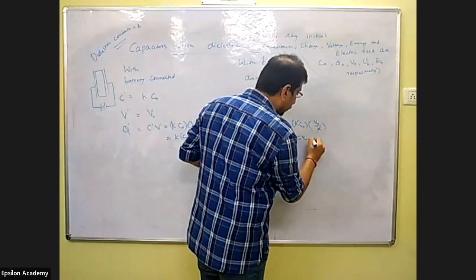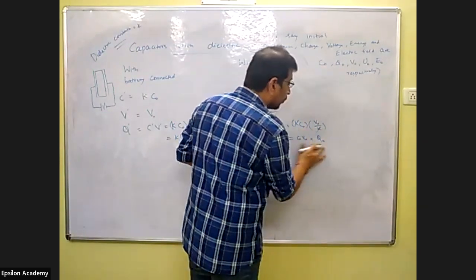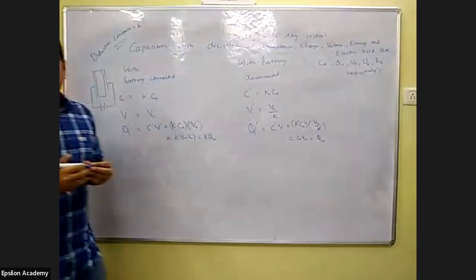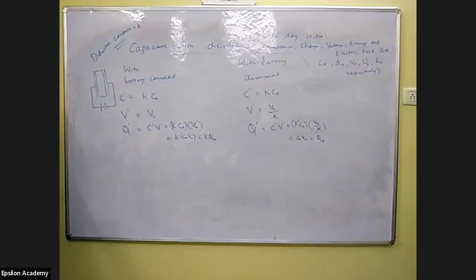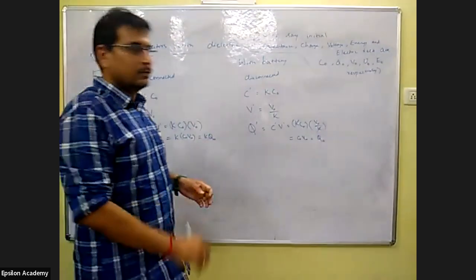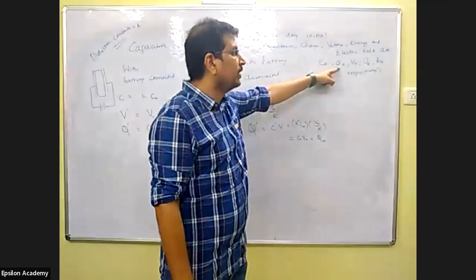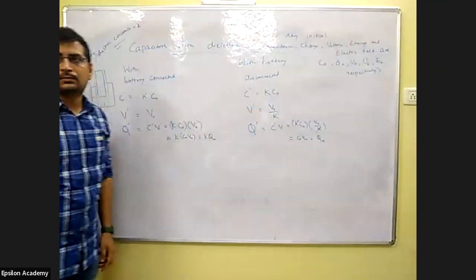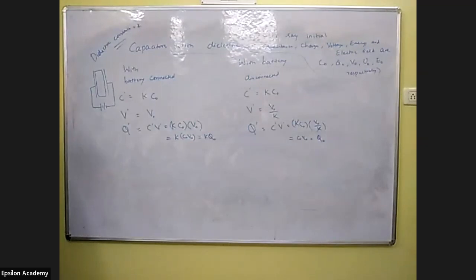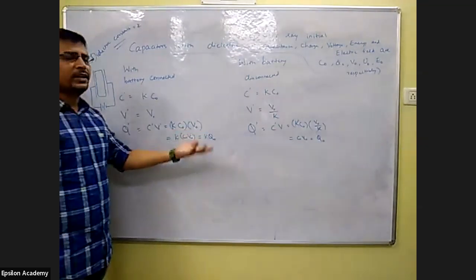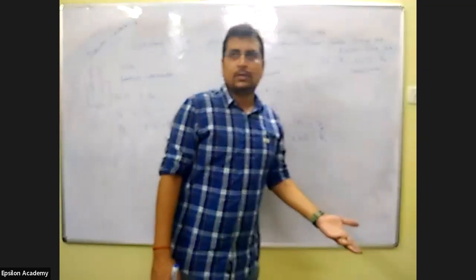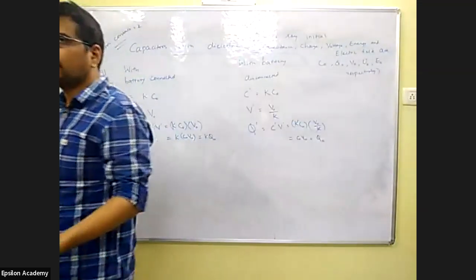It will be C naught into V naught. This is Q naught. So what is happening? The charge drops to its original value, the original value that was there before you inserted the dielectric. Is that clear? Why would this happen in the first place?